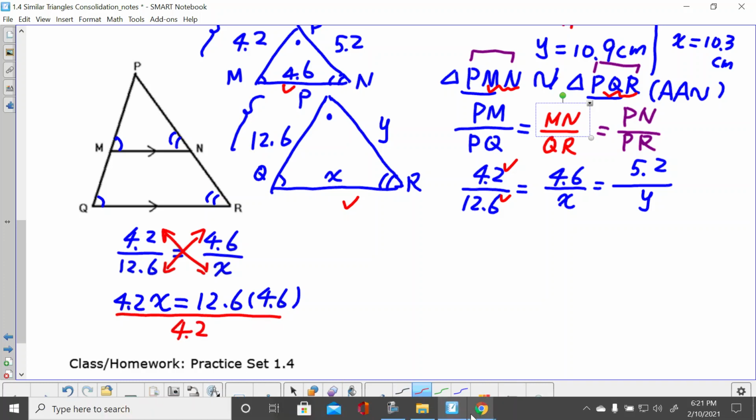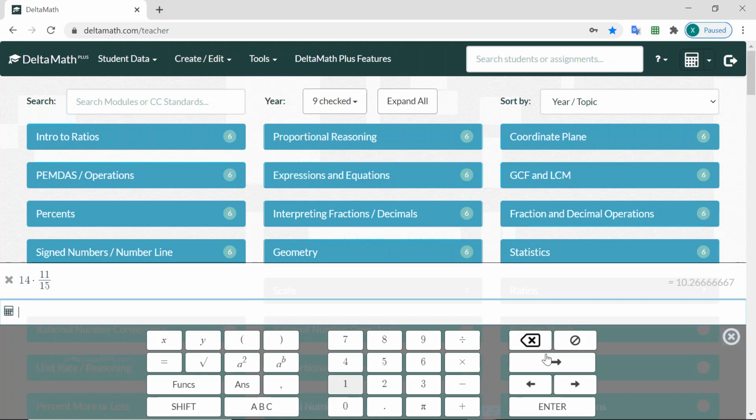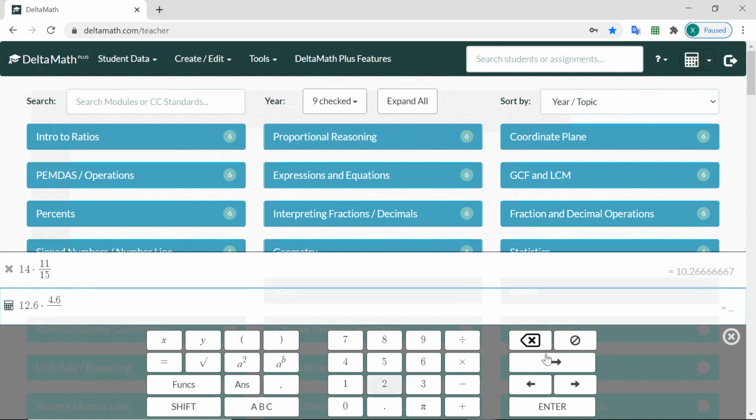Then we are going to use our calculator: 12.6 times 4.6 divided by 4.2. Then it gives you 13.8.